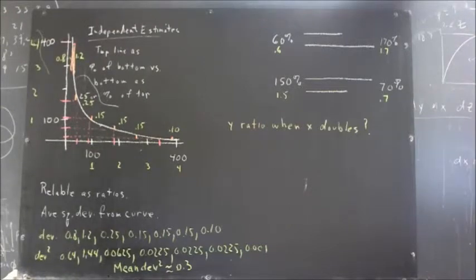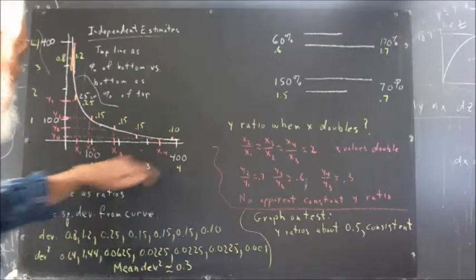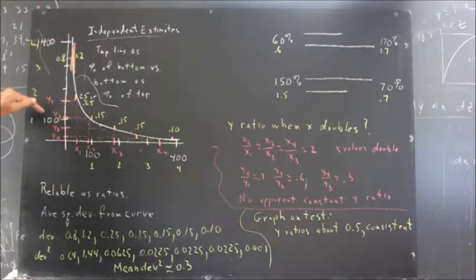So we don't appear on this graph to get a really consistent ratio of our y values when our x values double. Now I've gone ahead and labeled the x values x1, x2, x3, x4, the y values y1, y2, y3, y4.